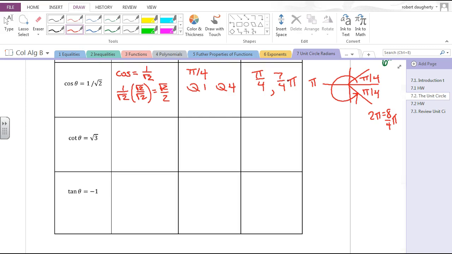Cotangent equals the square root of 3. Okay, so if the cotangent is the square root of 3, then that tells me that x over y equals the square root of 3. Where can I get x over y equal to the square root of 3?